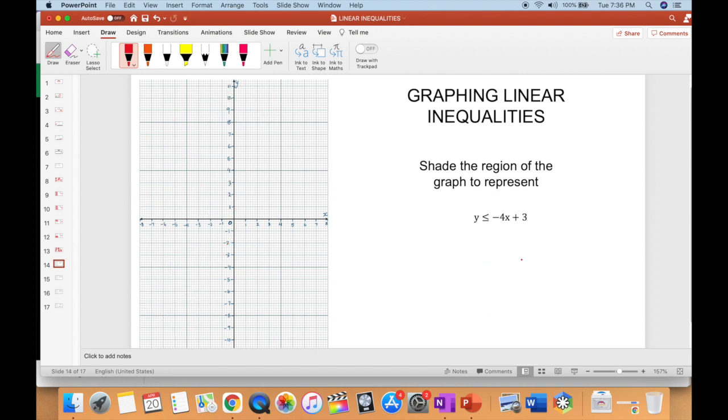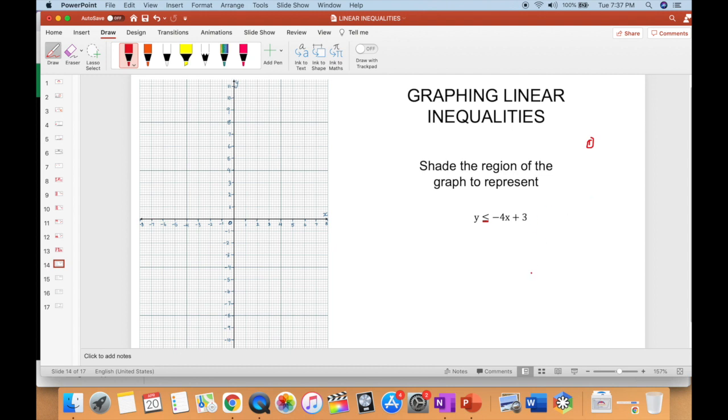You all try this one now. Shade the region of the graph to represent this. And of course this has a less than or equal to sign, so that means you're going to be drawing a solid line. So I'll give you all 5 minutes. Remember, step 1 is to actually draw the line y is equal to negative 4x plus 3.